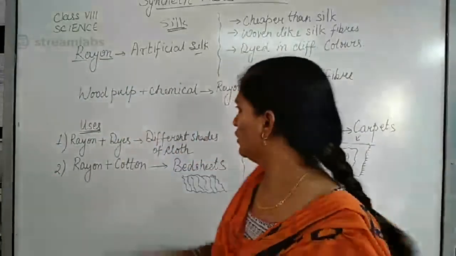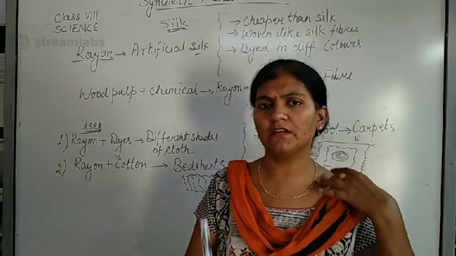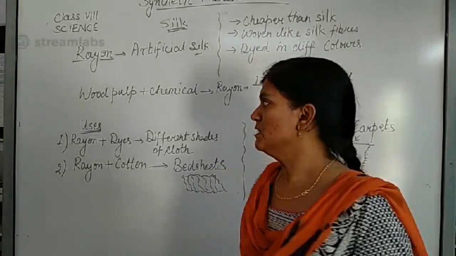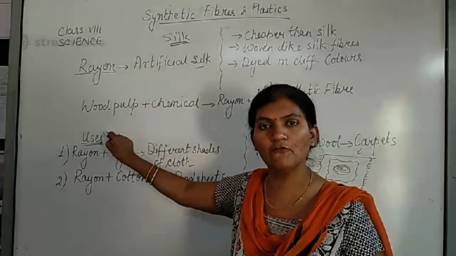Okay, so let us see how rayon is made. Actually, rayon is made by the use of wood pulp. So, how is rayon made? Rayon is made by the use of wood pulp.